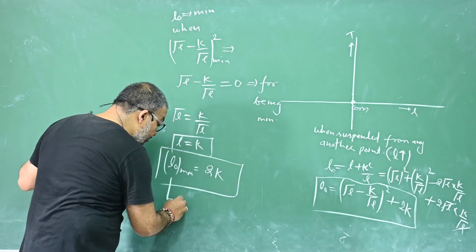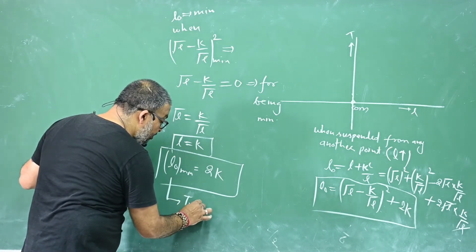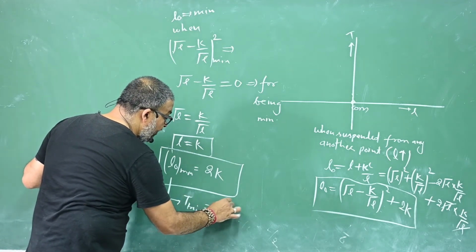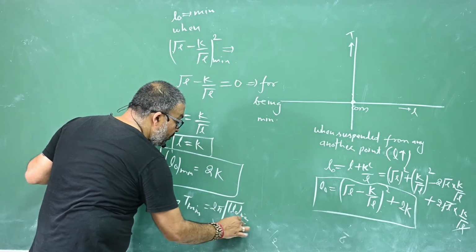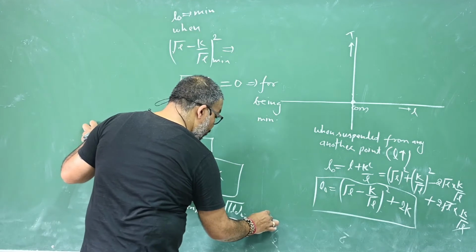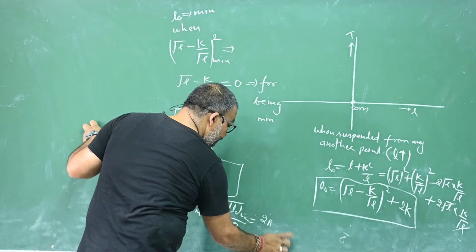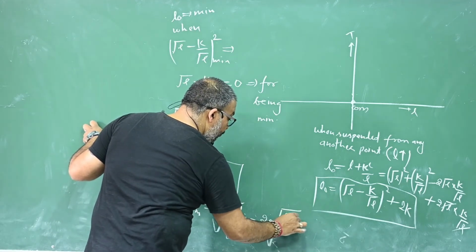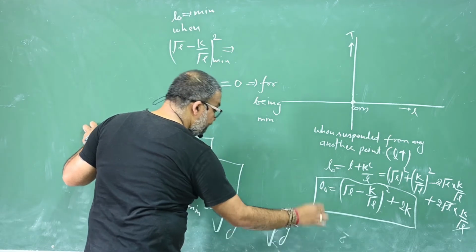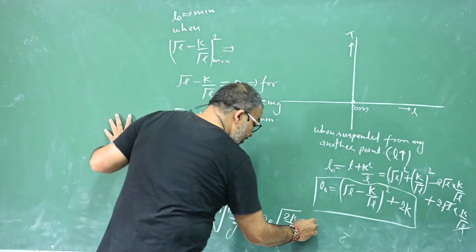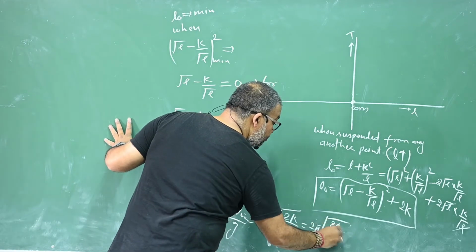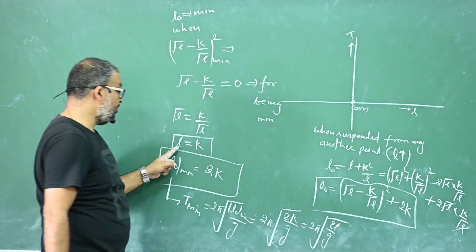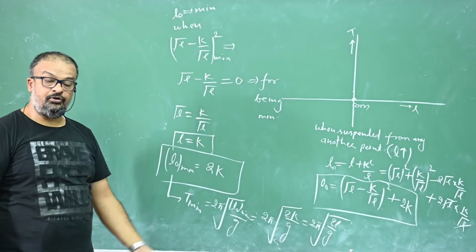When L0 is minimum, its time period will also be minimum: 2 pi square root of L0 minimum upon G, which equals 2 pi square root of 2k upon G, or it can be written as 2 pi square root of 2L upon G, because k equals L, so 2k equals 2L.